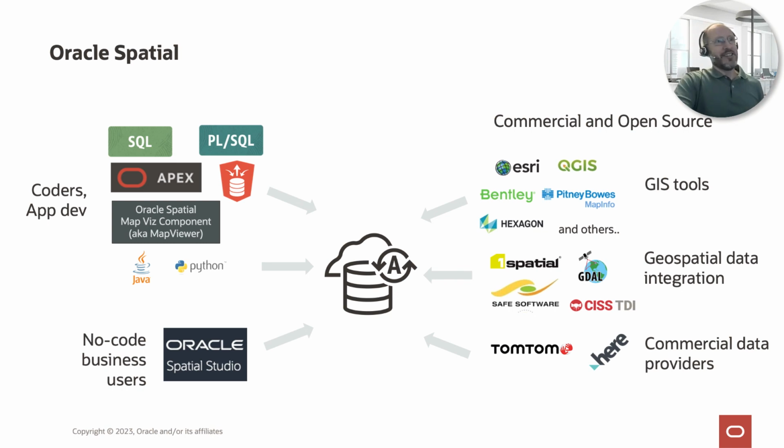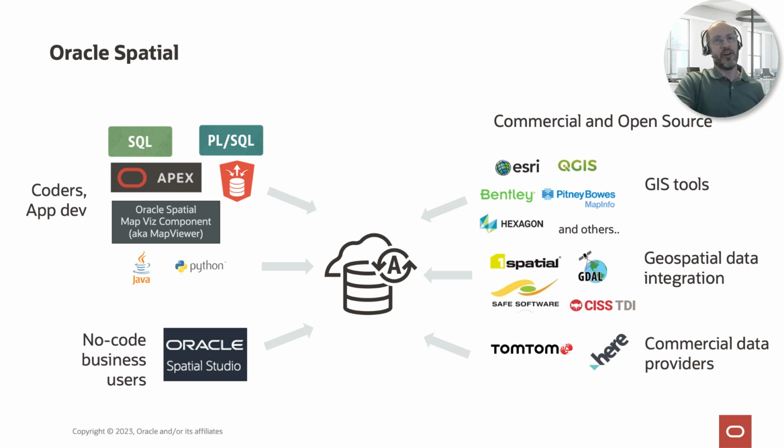Over on the right is a representation of the whole geospatial software industry and the fact that this whole industry supports Oracle Spatial as a spatial data management platform underneath their tools and technologies and developer kits, etc. So all of the major GIS or Geographic Information System products out there, ESRI is very popular, commercial GIS products.